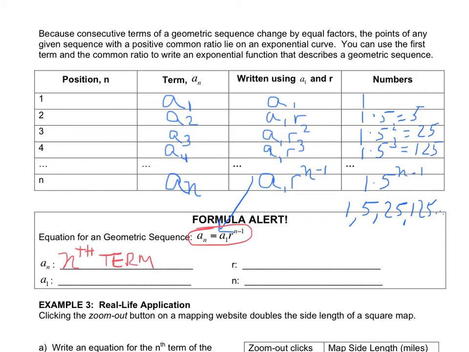The r is the common ratio. How are we multiplying from term to term to term? a sub 1 is the first term. So in the example to the far right there, I started with the number 1. That's the first term. And then n is your position in the sequence.